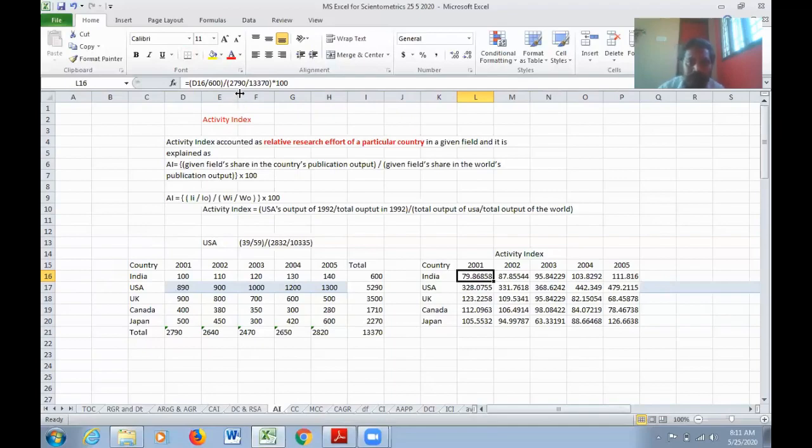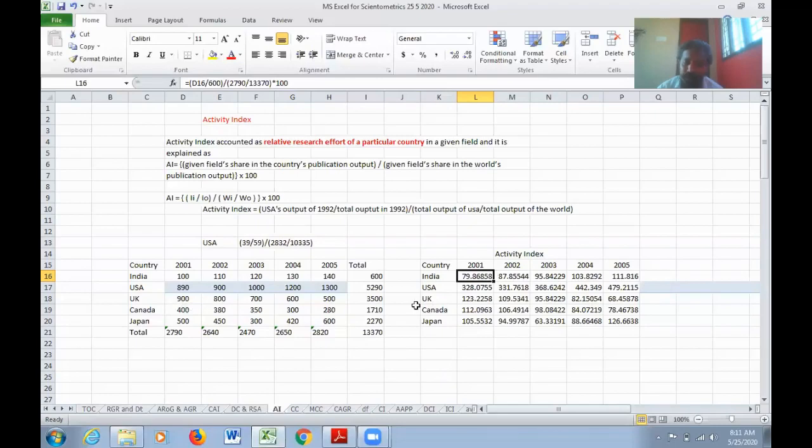The second part, 2790, is the total research output of all the countries in 2001, divided by 13370, the total output of all the countries in all the years. So what is our activity index? 79 in 2001. It slowly goes up: 87, 95, 103, 111. So our contribution in this field towards world research output keeps on increasing.